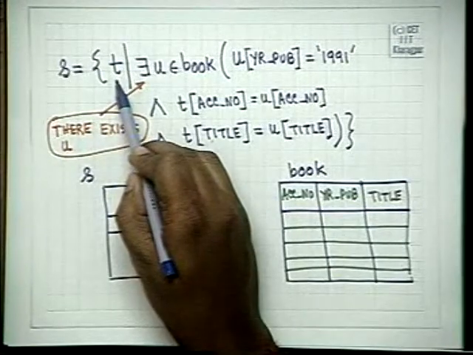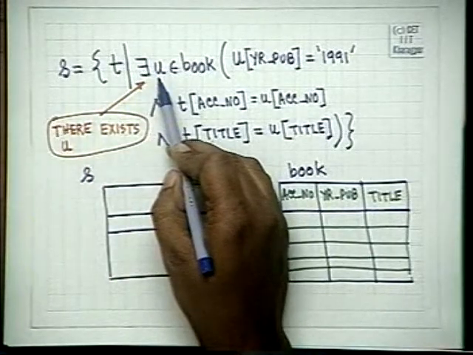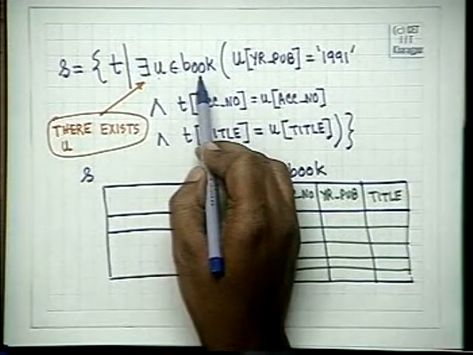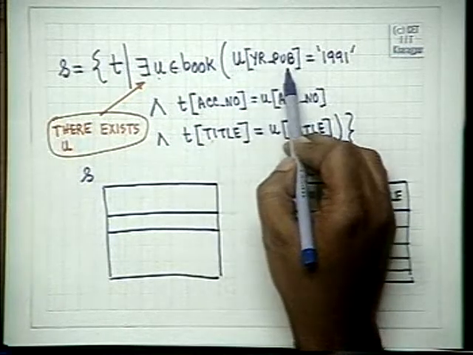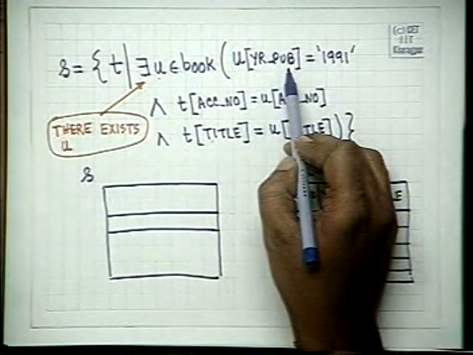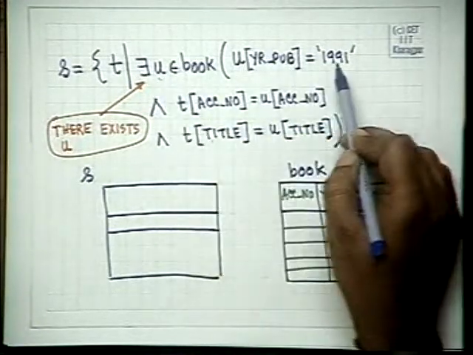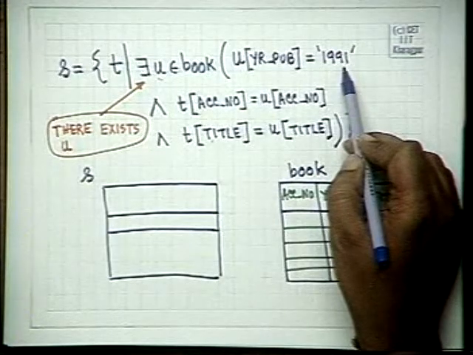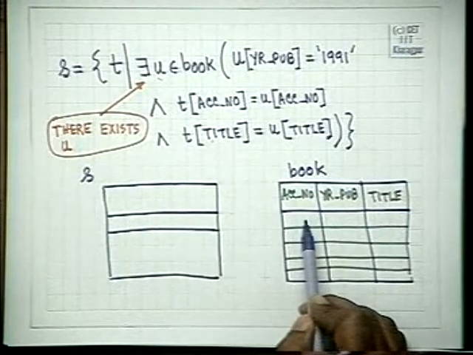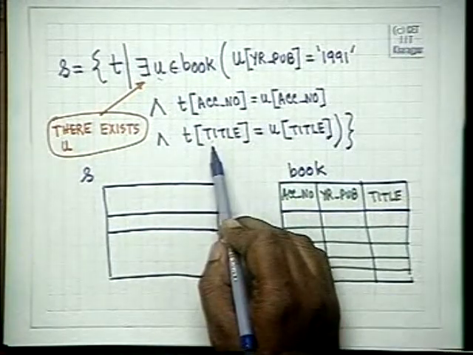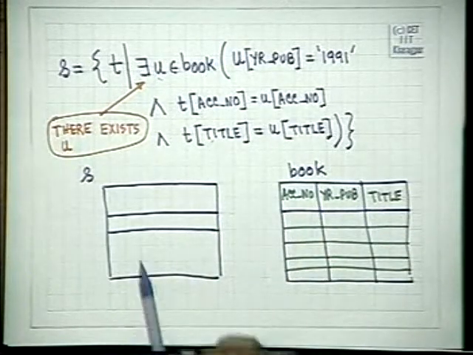For every tuple T in S, there exists some tuple U in book such that U year of publication, this way we specify the value of the attribute of a particular tuple, must be 1991, and the accession number in T will be same as accession number of U, and the title of T will be same as title of U. Okay.